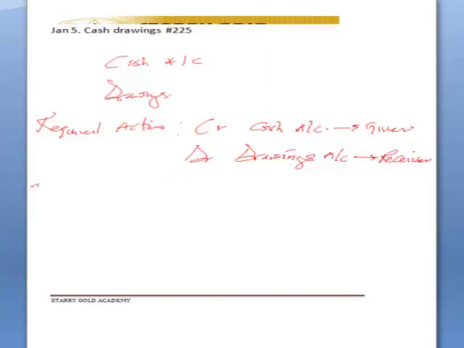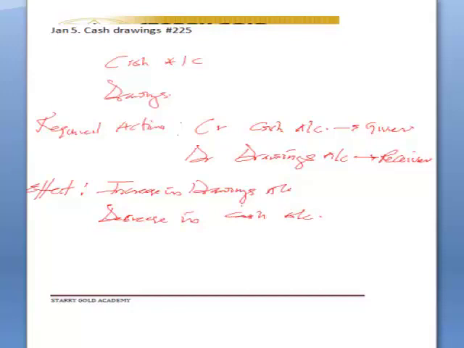So what will be the effect? The effect here is an increase in drawings account, and there is decrease in cash account. Okay, so that is it.